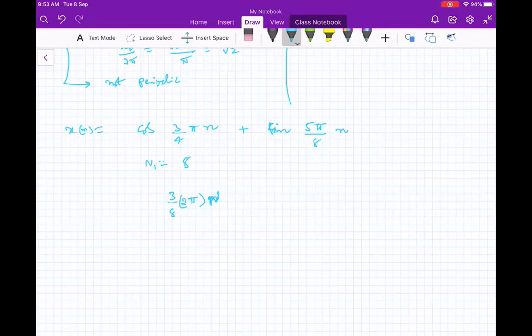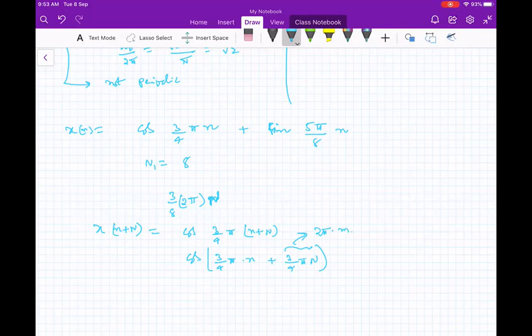So to bring this from here, when I do x of n plus N, what will happen? Cos of 3 by 4 pi into n plus N will come. So cos of 3 by 4 pi into n plus 3 by 4 pi into capital N will come. Essentially, for the periodic nature of cosine signal, this has to be 2 pi or an integer multiple of 2 pi.